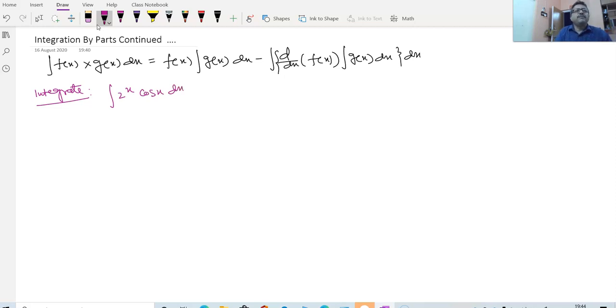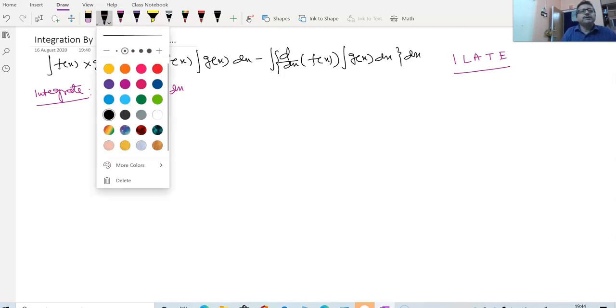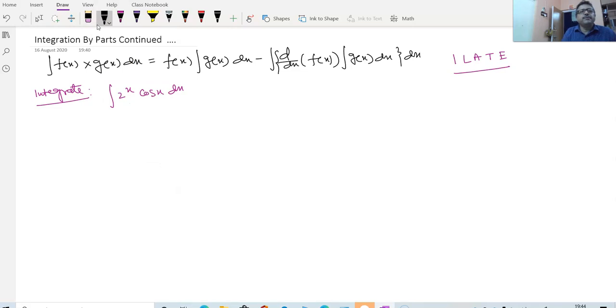Obviously we are going to follow the ILATE rule here: inverse, logarithmic, algebraic, trigonometric, exponential. This falls under the category of exponential function. Cos x is trigonometric, so cos x will be the first function.